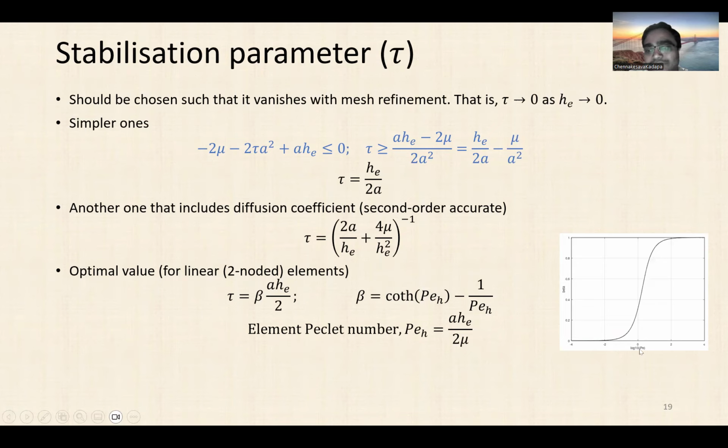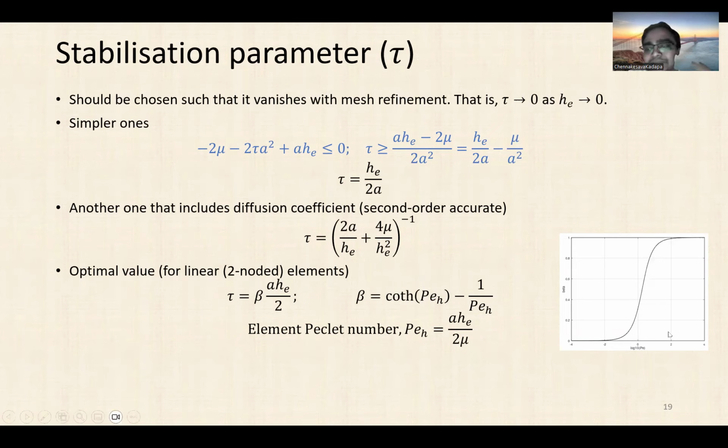For a very small value of Peclet number, that is when diffusion is dominating, beta is almost 0, which is what we need. We don't want any stabilization for diffusion dominated problems because the matrix is already an M matrix. We don't have any spurious oscillation issues.